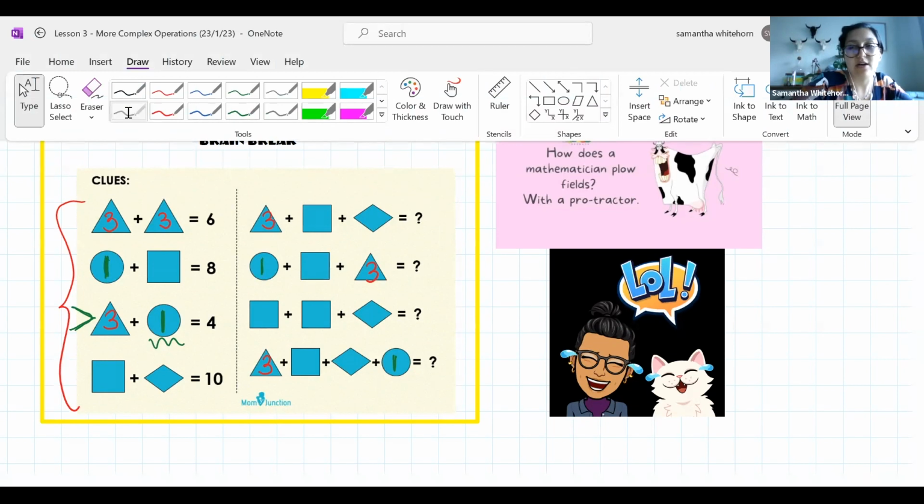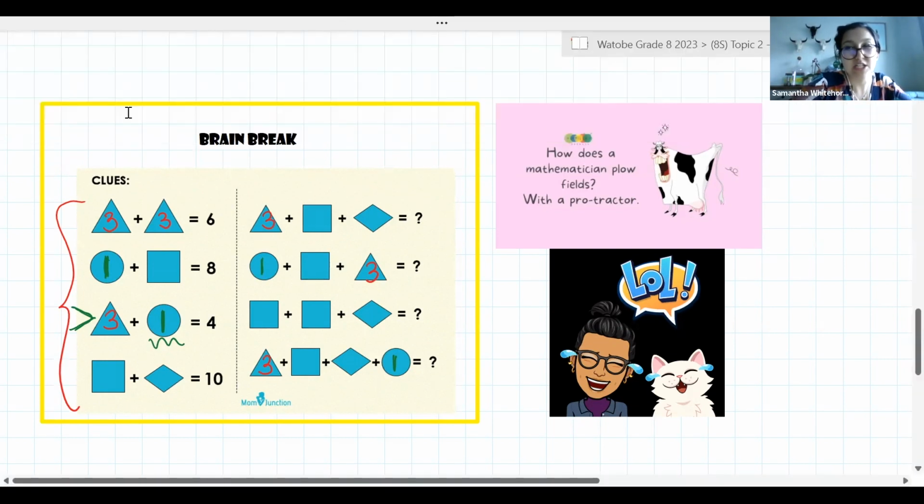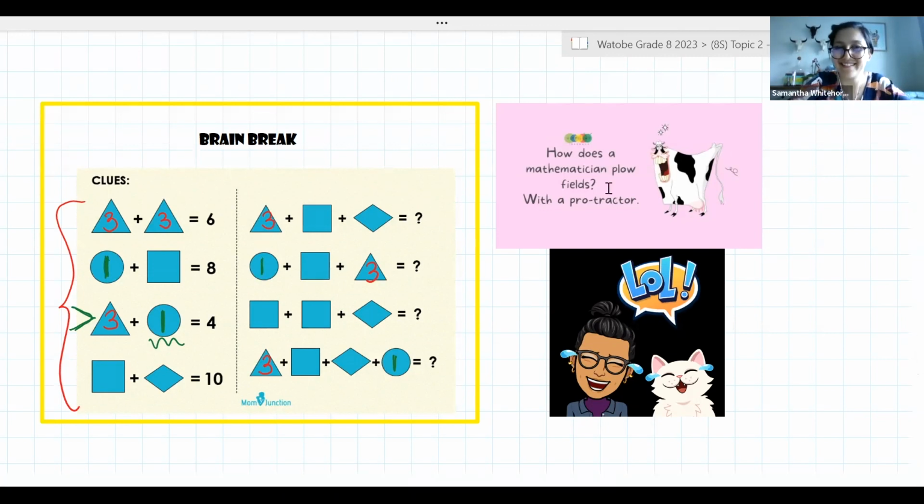Okay, let us see. I hope I say your name correctly. Militia? You want to help us with the next one? I think it's 4 plus 4 plus 4, and it equals 12.